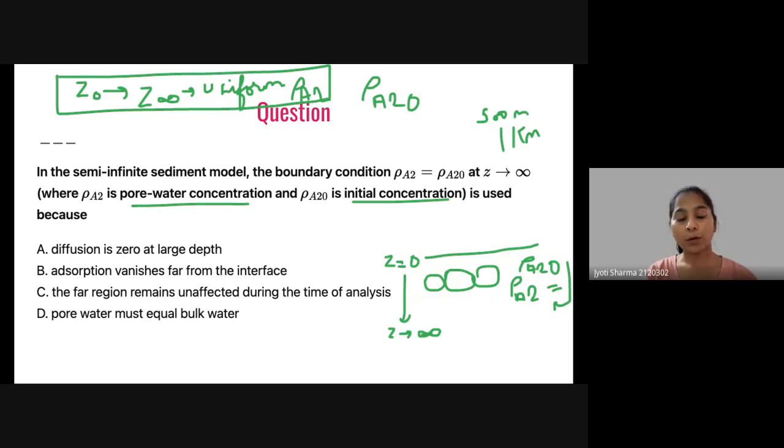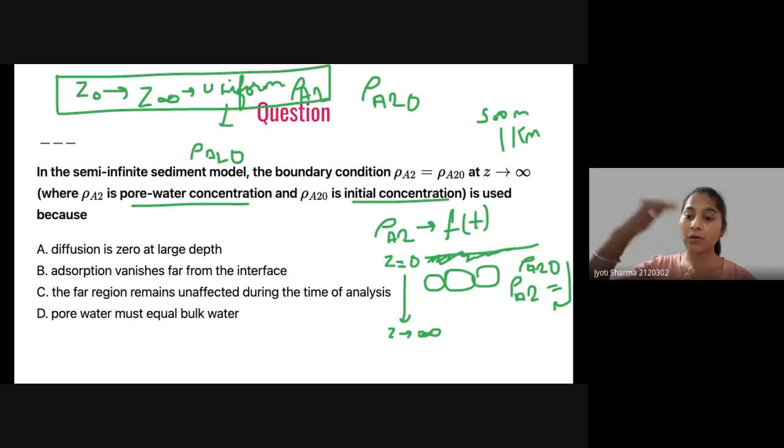Okay, then what will happen at the interface? If it is uniform, initially it is rho A2 0. At the interface where z is equal to 0, the concentration of rho A2 will be changing, because it is a function of time, because some of the concentration of A will cross the boundary.